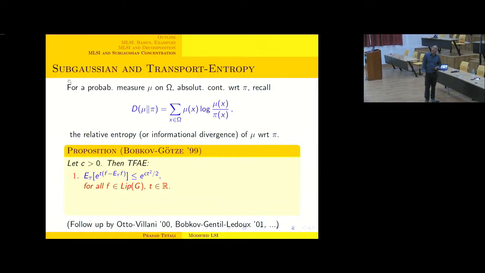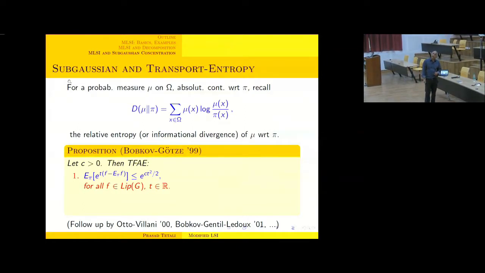Okay, so this is our usual relative entropy. And what Bobkov-Götze observed is that if you want to bound a log moment generating function of random variables, so if you want to bound the expectation of e to the tf in terms of e to the t squared over 2 C, over Lipschitz f, then you can do the usual Chebyshev argument and get a bound on deviation from expectation, right?